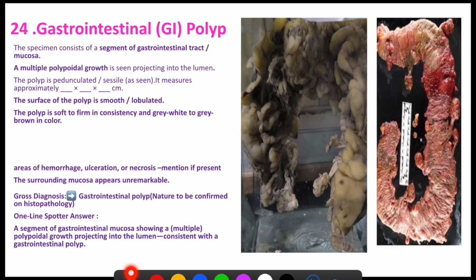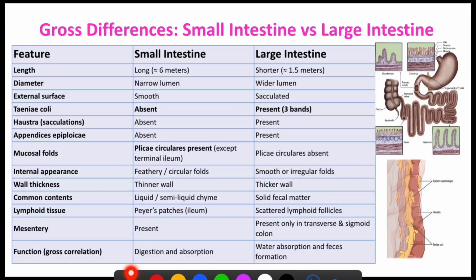GI tract, and this is a colon specimen. How will you identify? With the help of its outer surface, and this is a benign tumor of the gastrointestinal tract. So in exam, you have to identify whether it is small intestine or large intestine.